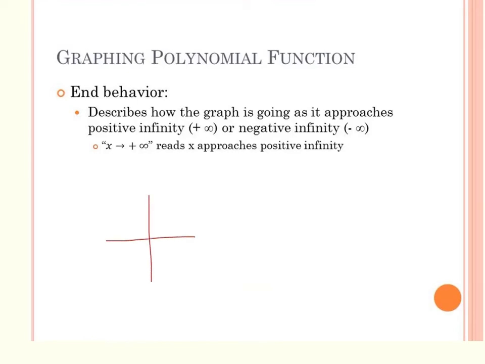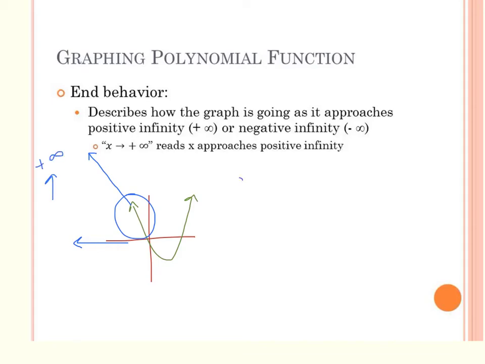So just as a quick example, we spent some time graphing parabolas. So if this was my parabola, as x goes to negative infinity, what is my parabola going to do? My parabola is going to go to positive infinity, because that would be going up to positive infinity.